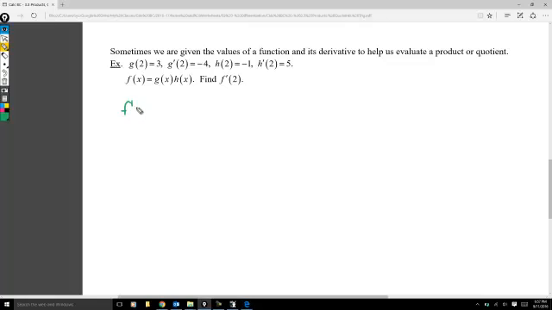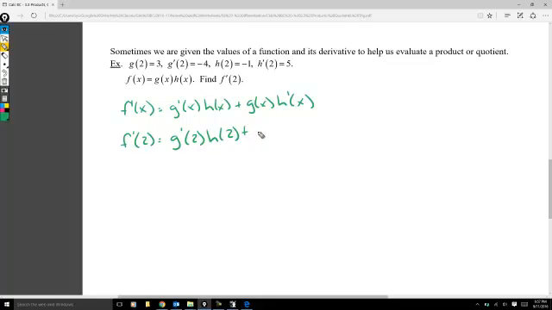If I want to find f prime of x, this is a product rule situation, so it's going to be g prime times h plus g times h prime. Now I want to find f prime of 2. So that means that I'm just going to plug a 2 into each of these parentheses, because I want to evaluate where x equals 2.